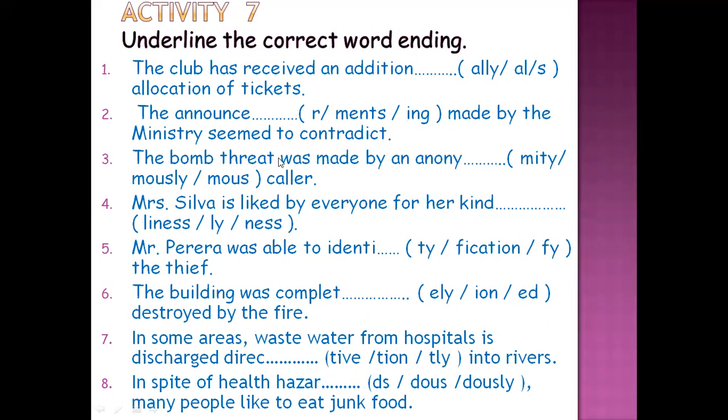The bomb threat was made by an anonymity, anonymously, anonymous caller. Anonymous, that means strange, that you don't know. Number 4. Mrs. Silva is liked by everyone for her kindliness, kindly, or kindness. What is the correct answer?